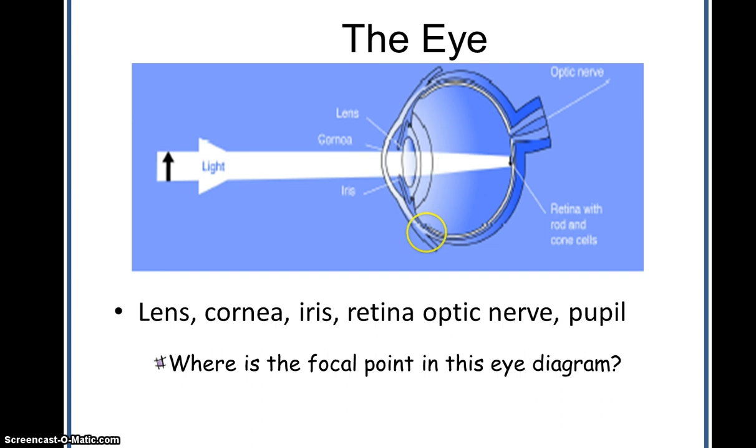So you can see the focal point is right here on the retina. That's where, if you have normal vision, the focal point is on the retina. The focal length would be from the front of the eye, because that's where a lot of refraction is taking place, to the back of the eye. That would be the focal length.